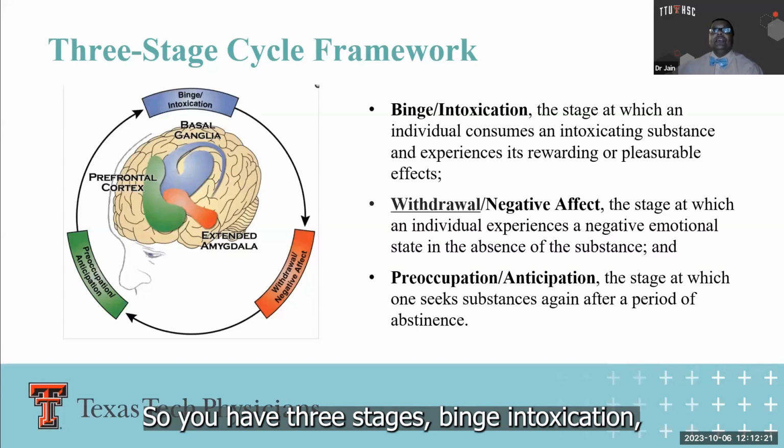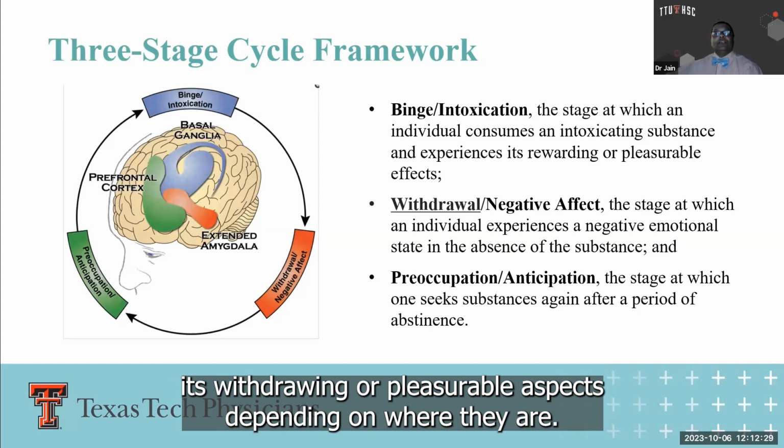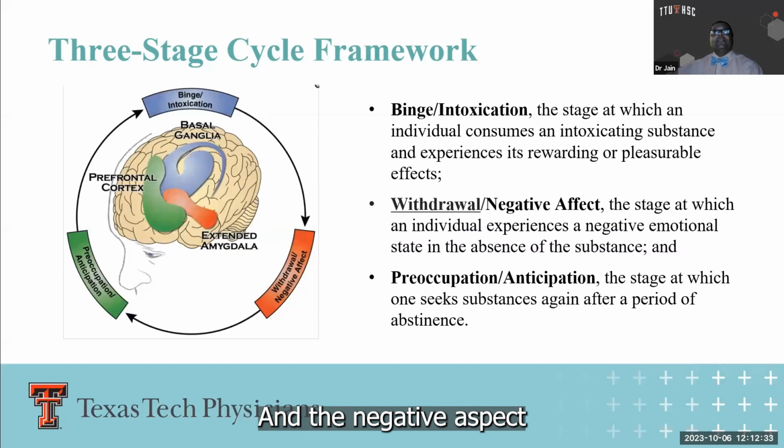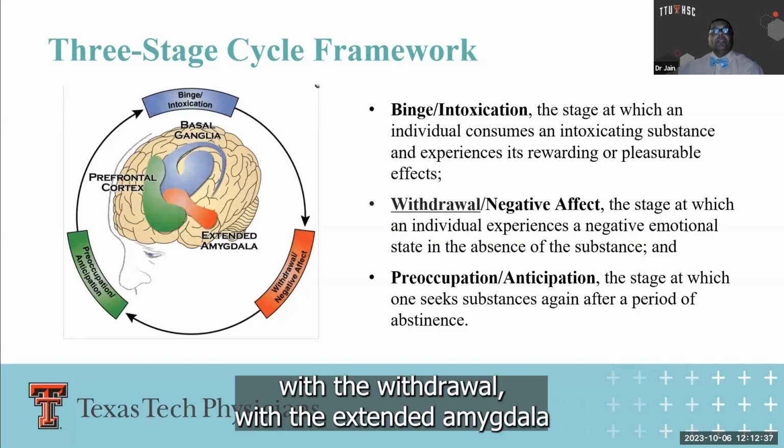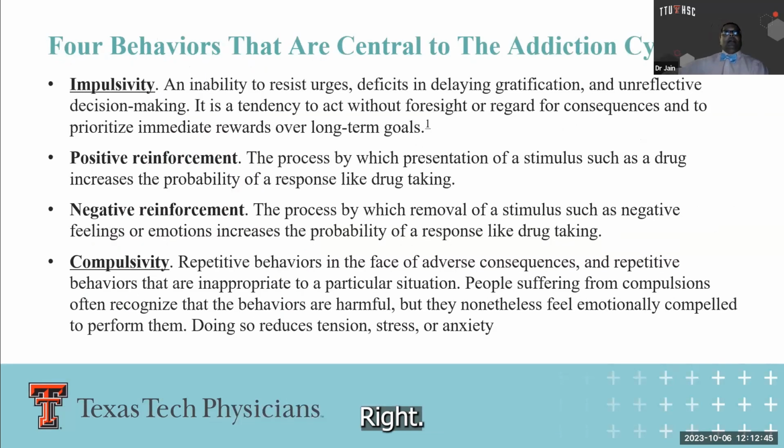So you have three stages: binge intoxication, in which individuals consume the intoxicating substances and experience its pleasurable effects, the negative affect usually involved with withdrawal and the extended amygdala, and then the preoccupation part.